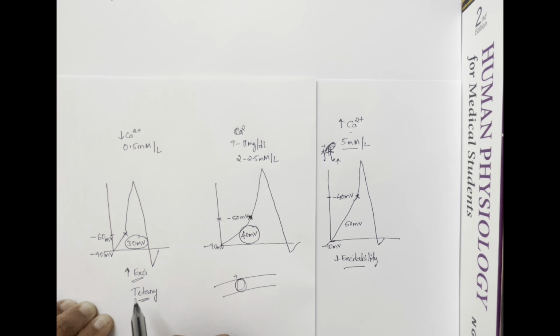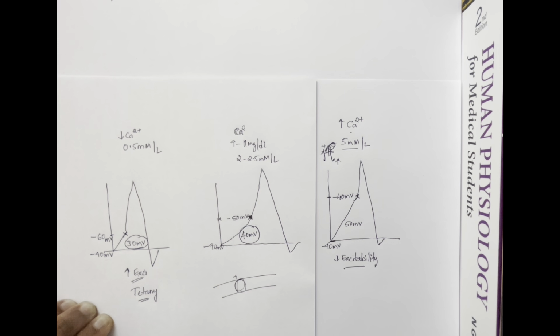So in hypocalcemia, there is an increase in excitability of the membrane, and the reason is that the sodium channels have a lower threshold; the voltage threshold for opening the sodium gate is less, hardly 30 millivolt. A change from the resting state to the firing level of just 30 millivolt will excite the membrane and generate an action potential.